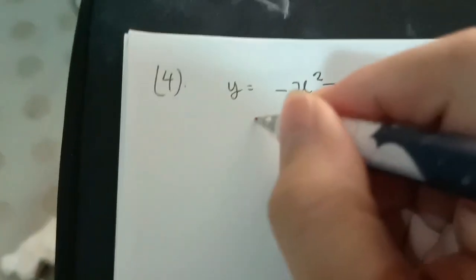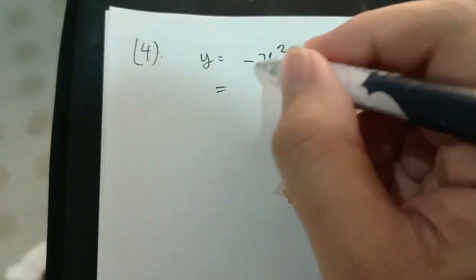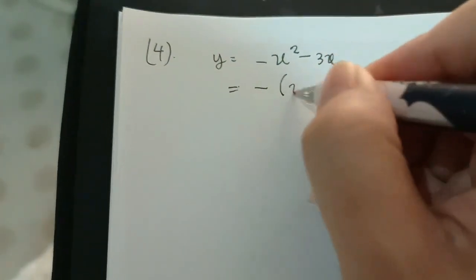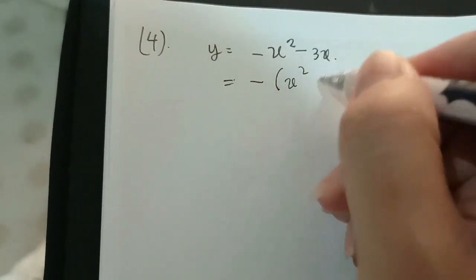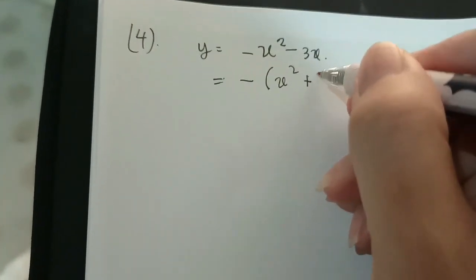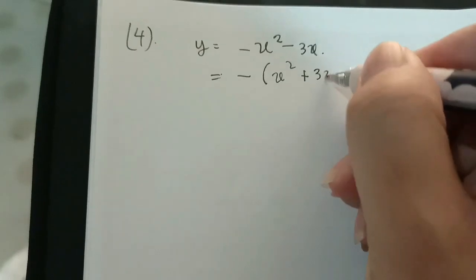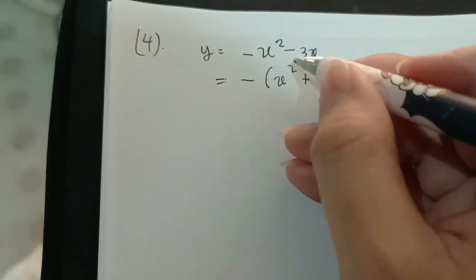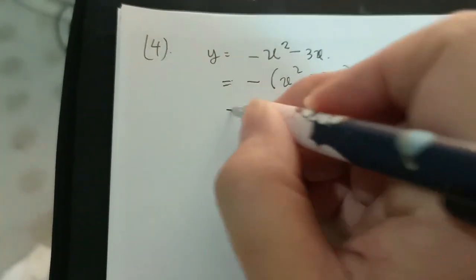Now we remove the minus first. It will be x quadrat, this is minus, it will become plus because minus multiply plus is minus. Minus 3x. Now we are going to remove the quadrat.